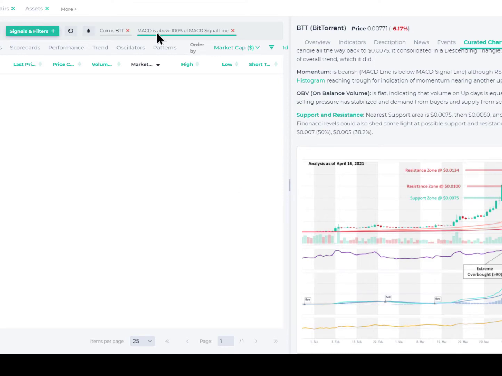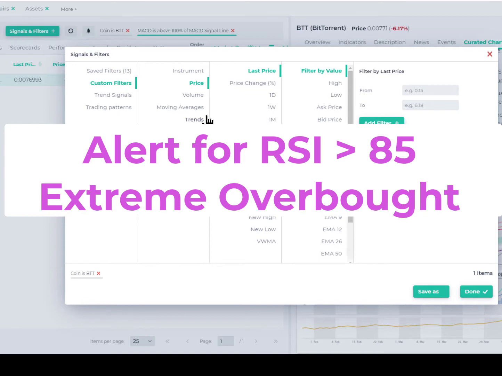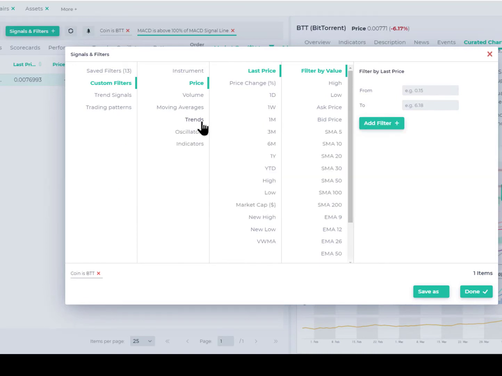And lastly, I'm going to again modify this filter. So I'm going to get rid of the MACD crossover now. This is a new filter that I'm going to create, a new alert. I want to be alerted when RSI gets to an extreme overbought situation. And that may alert me that I need to sell my position if I'm already in it.